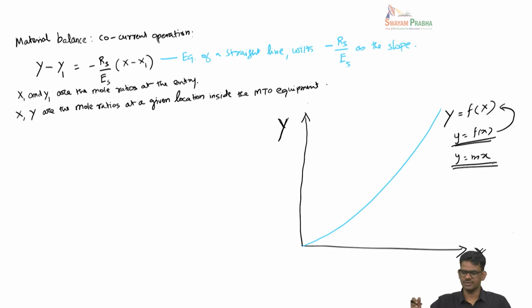That's why I have drawn this blue as a curve, not as a line. And that's very easy to see. You can replace small y in terms of capital Y, and small x as a function of capital X, and then you'll see that it's basically a curve, not a straight line anymore.